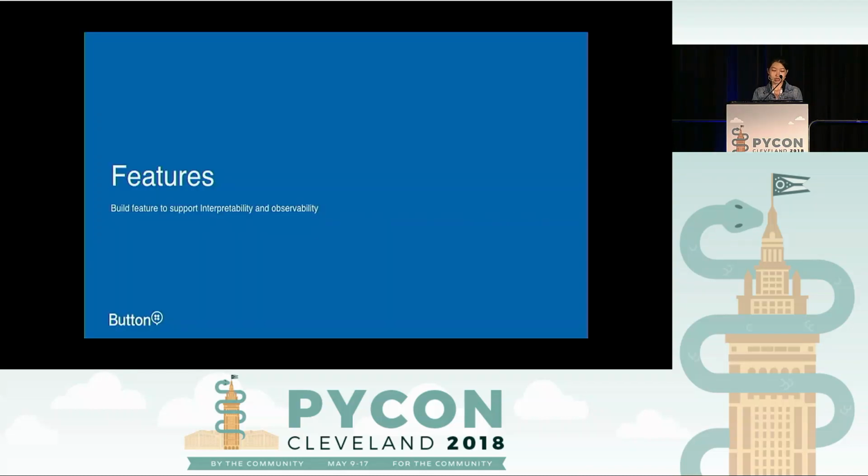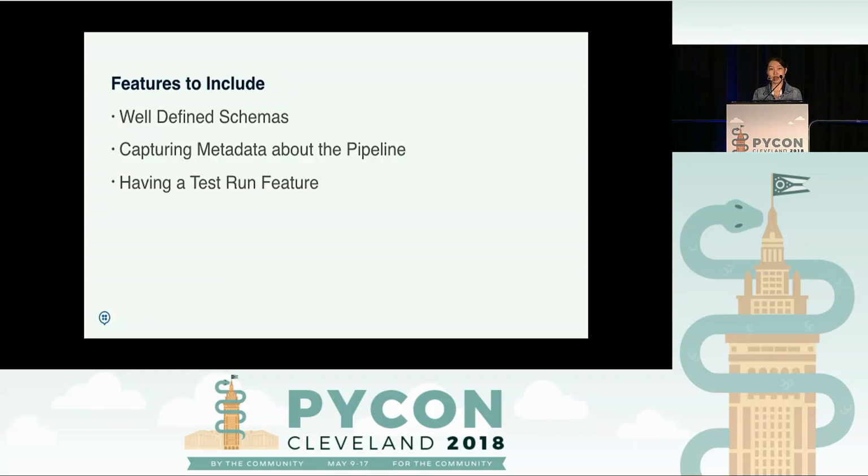So this brings me to talking about the data pipelining features that support interpretability and observability. These features include having a well-defined schema, being able to capture metadata about your data pipeline, and having a test run feature so you can see the outputs of your pipeline before you run it against the production database.